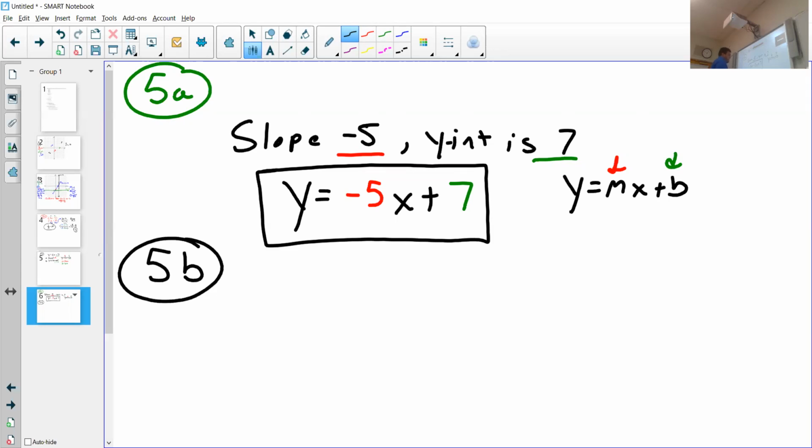Five B though, I'm trying to be a little tricky here. In this one, it's telling me that the slope is 2, but it gives me a point at (3, 5).